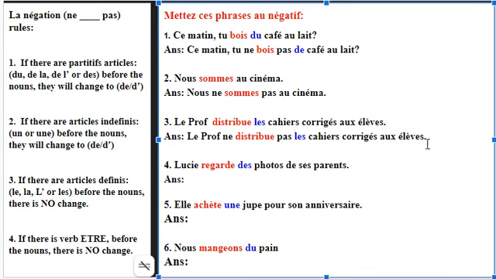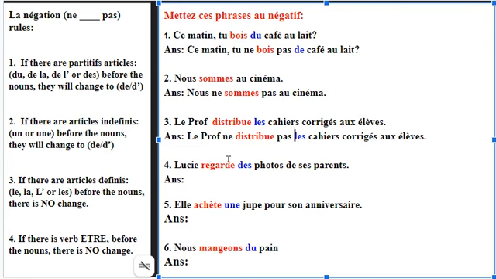Now the fourth activity is: Lucie regarde des photos de ses parents. Lucy is looking at the photos of her parents. So we want to say Lucy is not looking at the pictures of her parents.